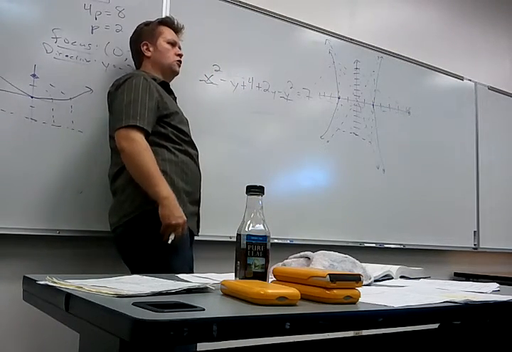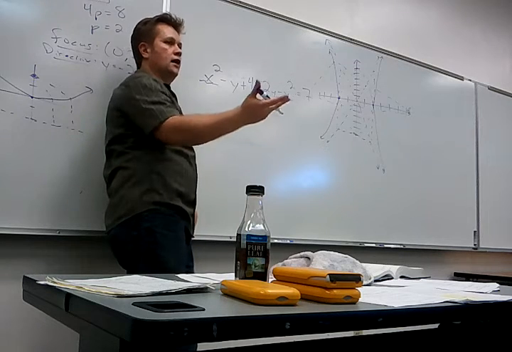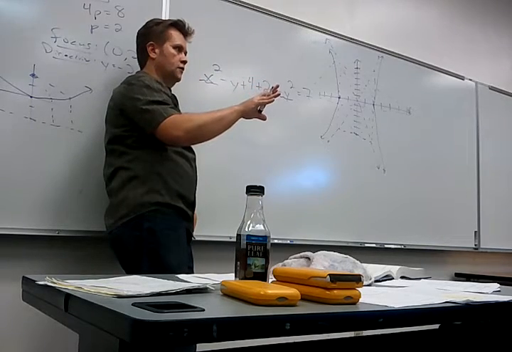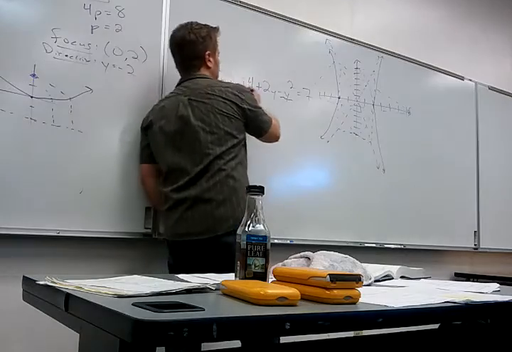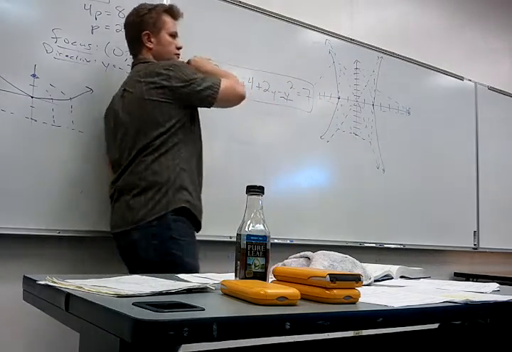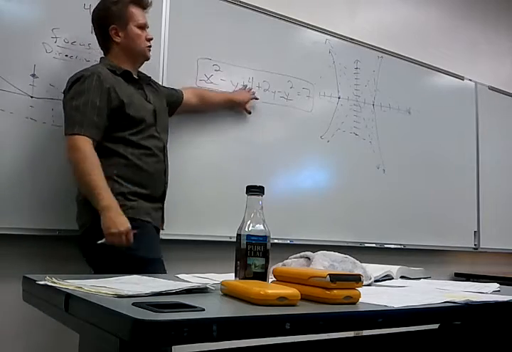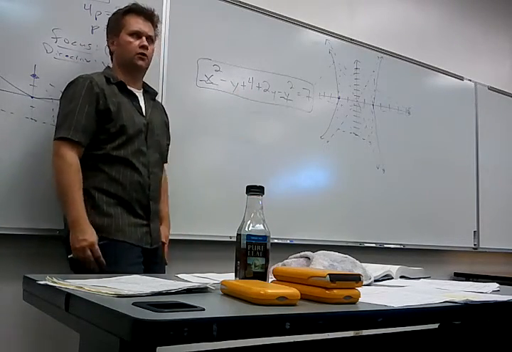To be a circle or an ellipse, they would have to be positive. They have to be the same sign, because at some point you can just divide the negatives away if they're both negative. Are you kind of with me? So I could ask you that kind of question, just an identification question, if I really felt like it. Just want to warn you. But I wouldn't ask you to do it and then graph it, because that's beyond what the book has us do, so I'm not going to make you do that.